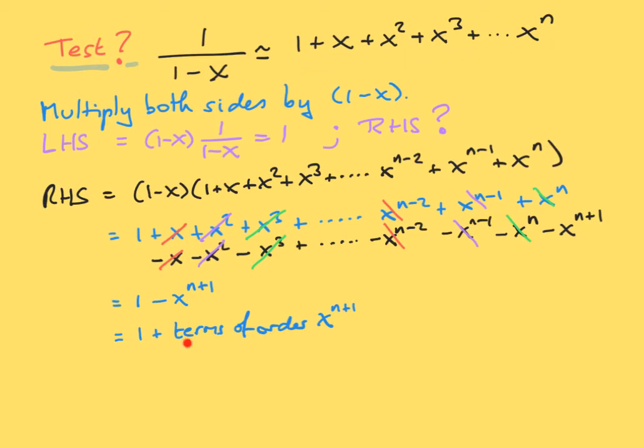If we had 1 plus something like, say, x squared or x to the 4th, that would show that we had made a mistake. This shows that what we have done is correct to the order that we have expanded it. So rather than writing out something as chunky as this, we just say that this is 1 plus terms of, this is a calligraphic O, x to the n plus 1.